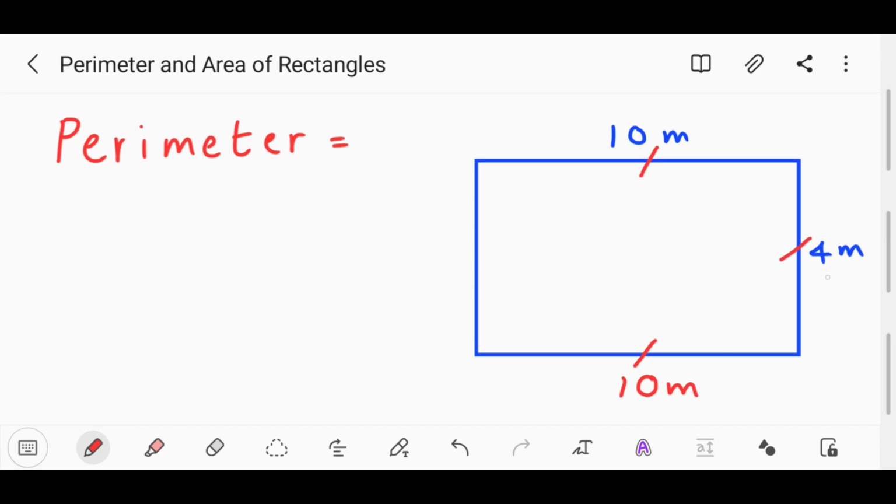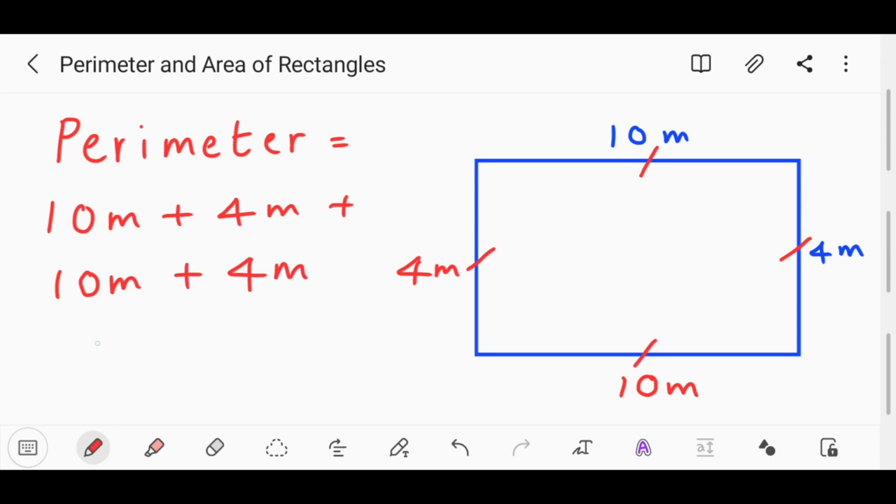If this is 4 meters, the opposite side is 4 meters as well. When we find the perimeter of this rectangle, we need to add all the four sides. So that will be 10 meters plus 4 meters plus another 10 meters plus another 4 meters.